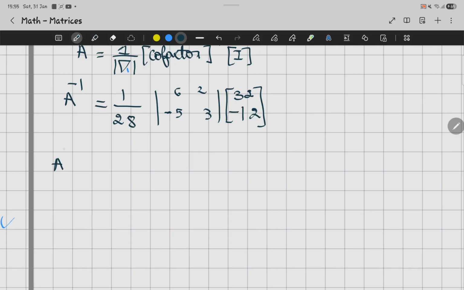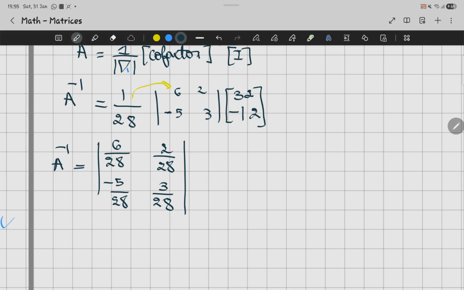Now what I always like to do is to move this one inside, which is going to be 6 over 28, -5 over 28, 2 over 28, and then 3 over 28, and then times 32, negative 12.